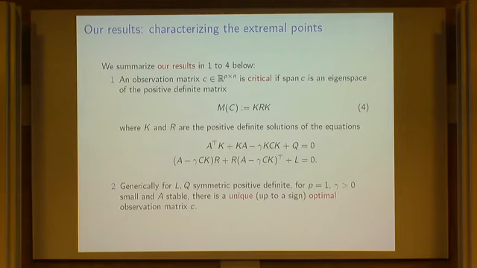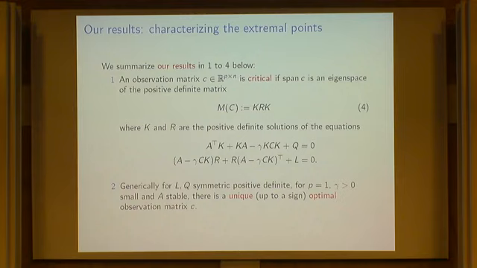So here's something a bit more interesting. If L and Q are still positive semi-definite, now I'm going to take P equal 1, have a unique sensor. Gamma is equal to 0. Gamma cannot be too big, you'll see why a bit later. And A stable, I've not used this terminology here yet, but by A stable, I mean that all its eigenvalues have a negative real part. So the uncontrolled system naturally goes back to 0.